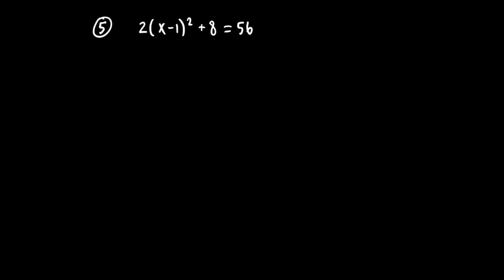So, all right, on this one, we want to get the x minus 1 squared by itself. So I would first subtract 8. If you'd like to divide absolutely everything by 2, you could technically do that. But I'm going to subtract 8. So now we have 2 times x minus 1 squared is equal to 48.